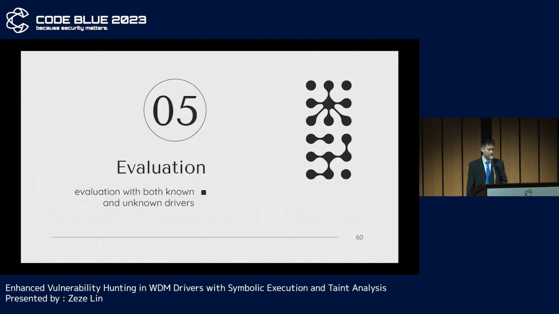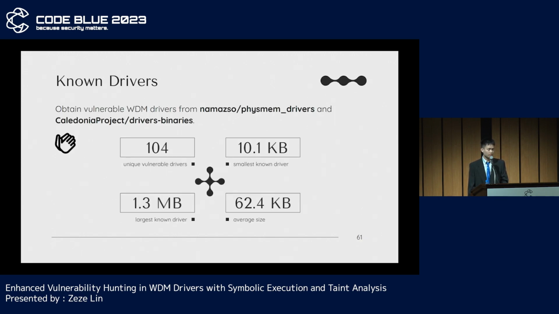Okay, let's talk about the evaluation with both known drivers and unknown drivers. We obtained the vulnerable WDM drivers from FuzzySecurity drivers and driver binaries. There are 104 unique vulnerable drivers; the largest one is 1.3 MB, the smallest one is 10.1 KB, and the average size is 62.4 KB.